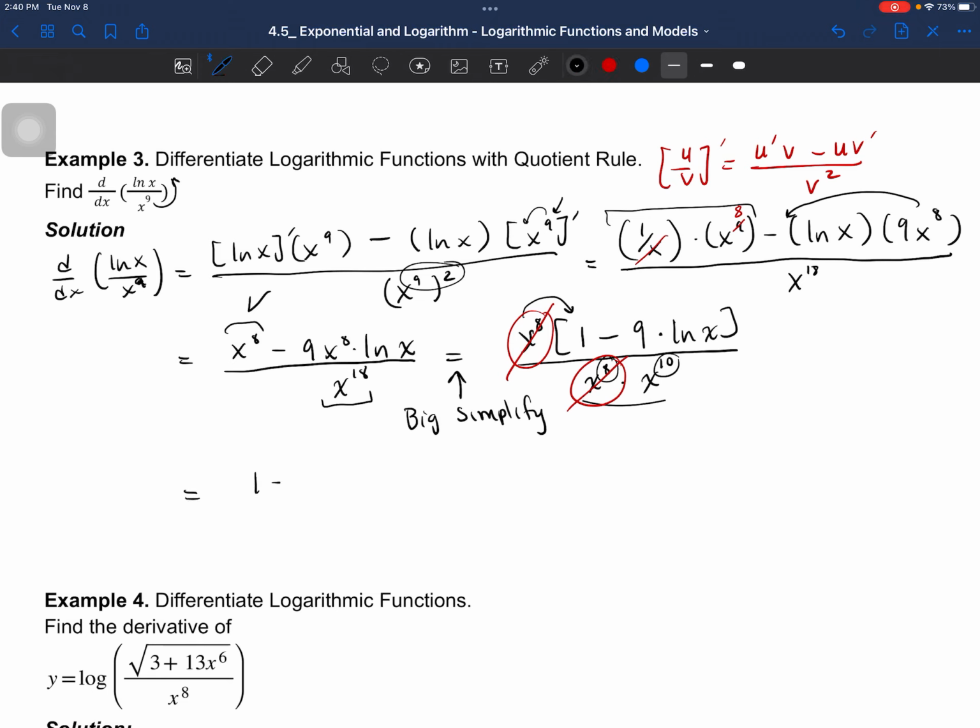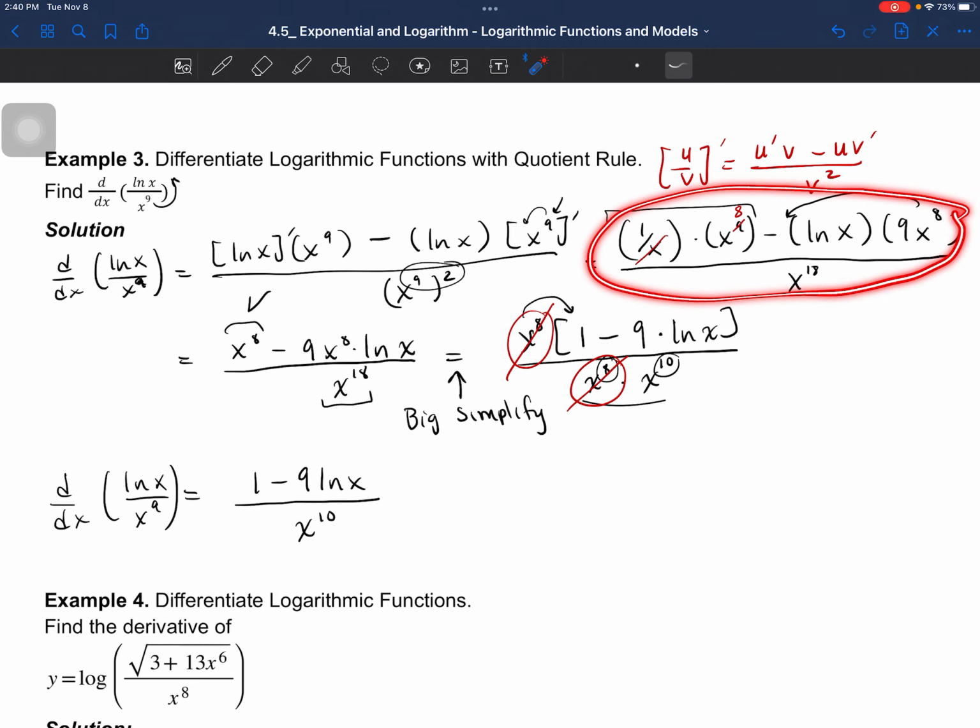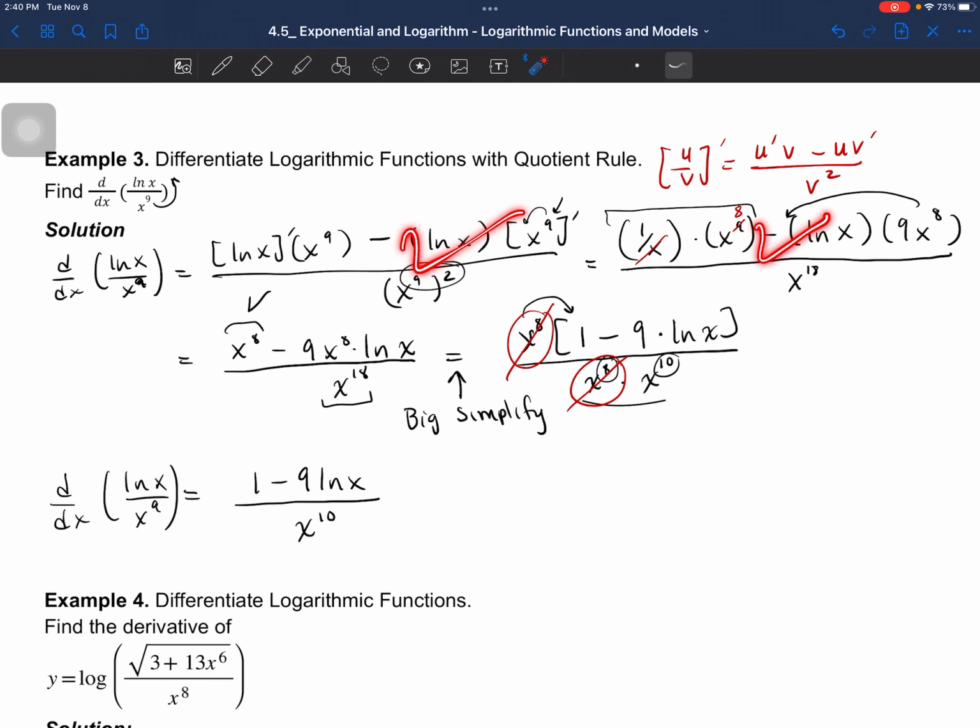The reason why we're doing this is because now that the x to the 8th is factored over here, and factored over here, it's a factor of the numerator and the factor of the denominator. Those two can undo each other, leaving behind the 1 minus 9 times natural log of x all over x to the 10th.